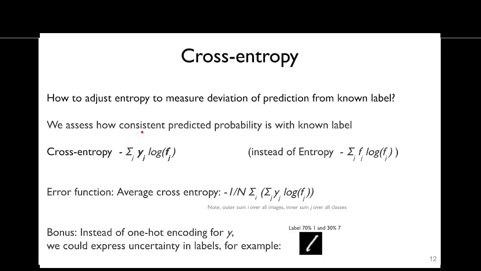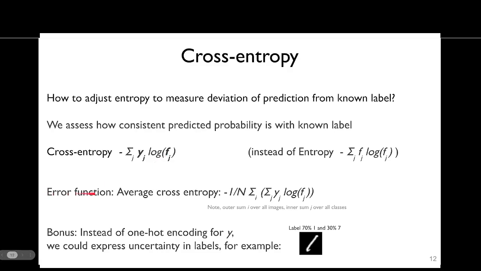Now, in the situation where we want to compare our prediction to the known labels, we turn this into cross-entropy, and we just replace this first f by a y, and that means now we have the comparison how similar the y's and the f's are. And now we know how consistent both of these are.